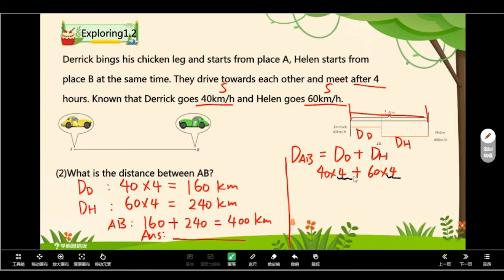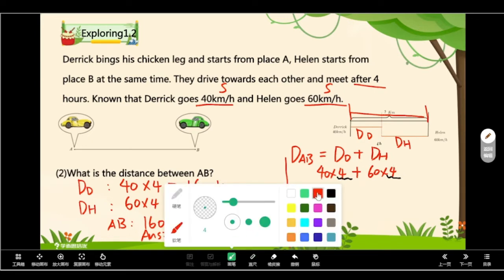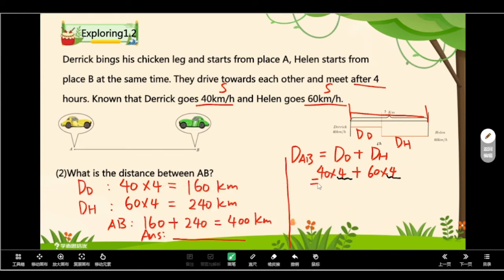In this calculation, we can find out 4 is our common factor, so we can take out the common factor 4 and directly multiply by 40 plus 60. We can also get the answer, 400 km.